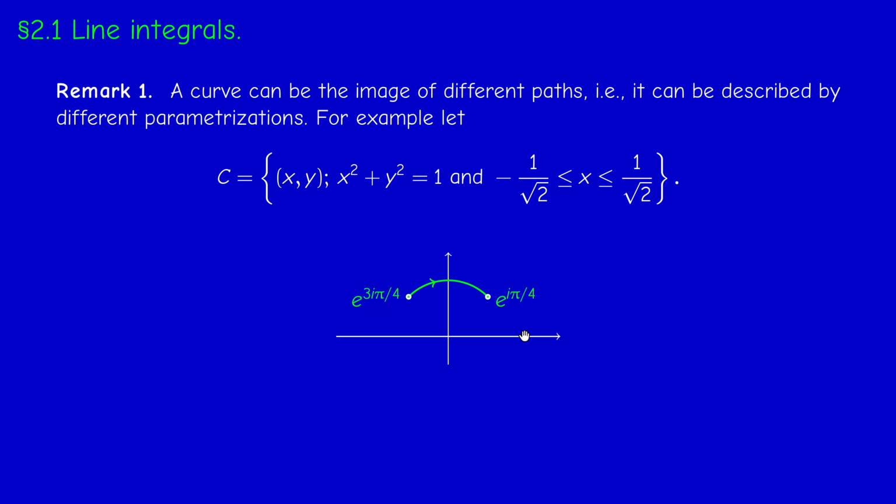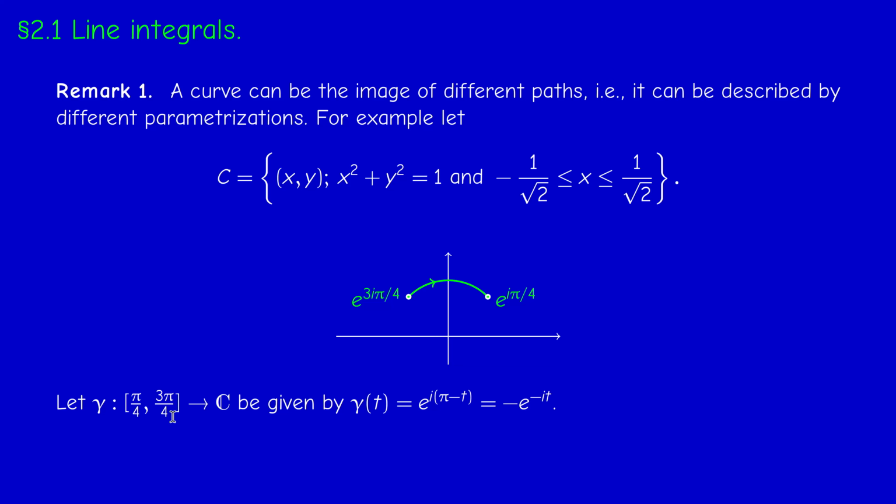We can find several parameterizations of that curve that conserve the orientation. One is given by the usual cosine and sine that you know. One parameterization would be e^{i(π - t)}, where t is between π/4 and 3π/4. Now, why π - t and not just t? Because we start from here. When t equals π/4, this is e^{i3π/4}, so we are here.